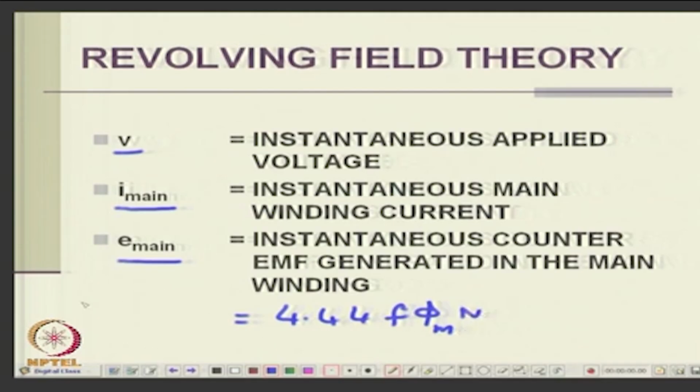This is the back EMF, which of course will also be equal to N d phi by dt. This is the mutual flux. So, at every instant there is a voltage induced in the stator winding which opposes the applied voltage.